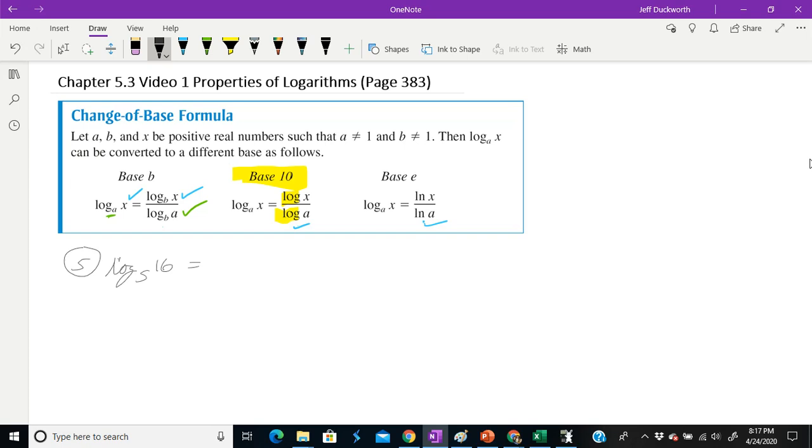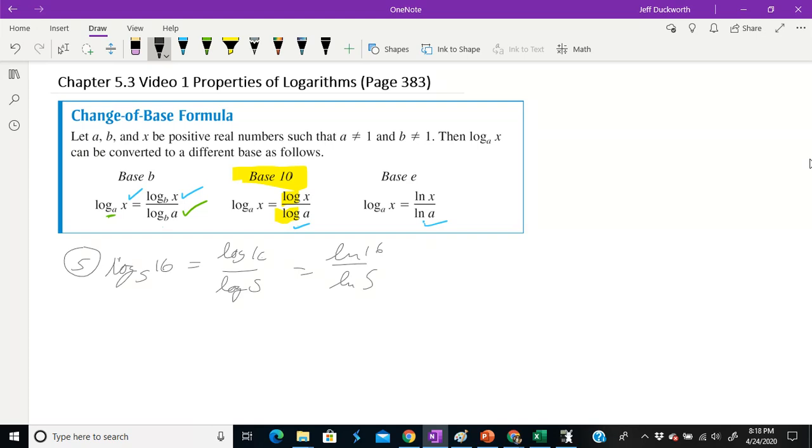Well, it wants us to do logs and then natural logs. So as a log, part A would be log of 16 over log of 5. And that's equivalent to ln of 16 over ln of 5 as well.